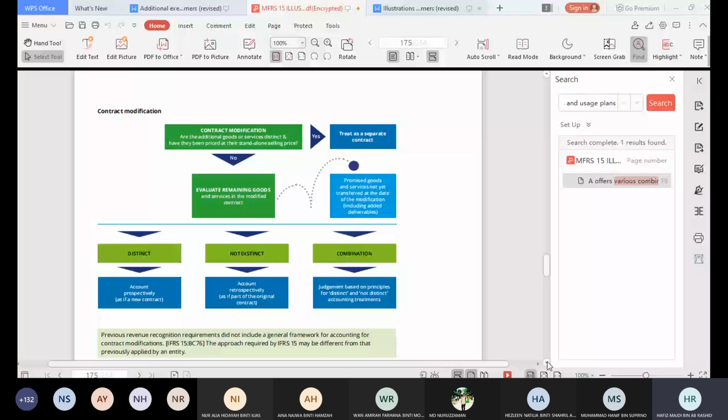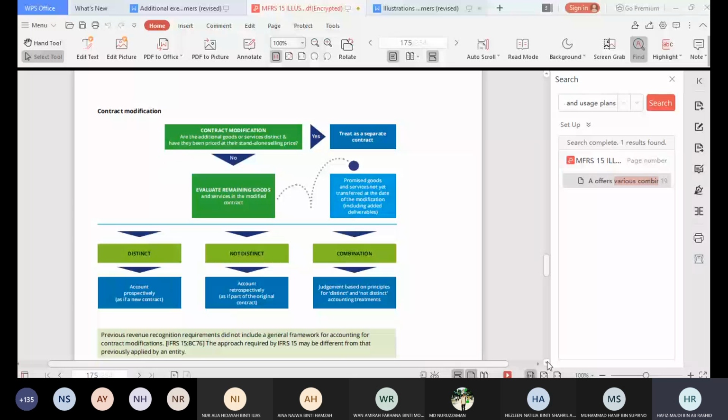So you will only create a separate contract if you have additional goods and that additional good or services is distinct. So later I will show you, because in MFRS 15 there is also a definition of what distinct means.